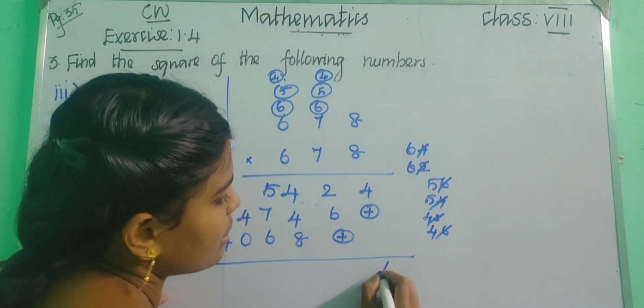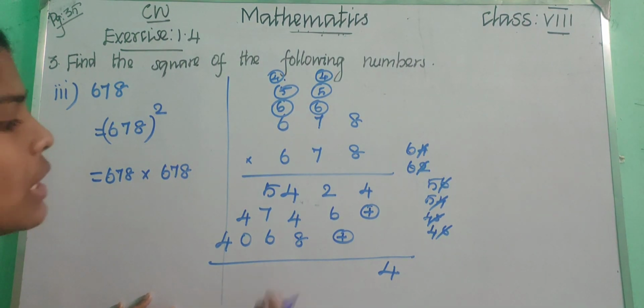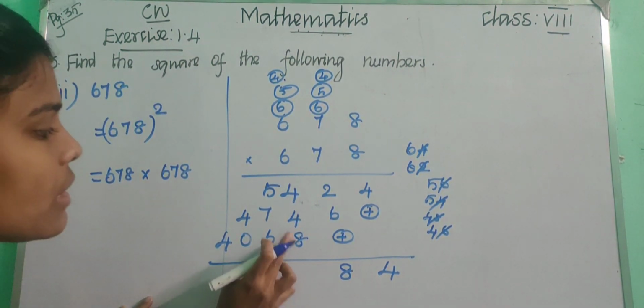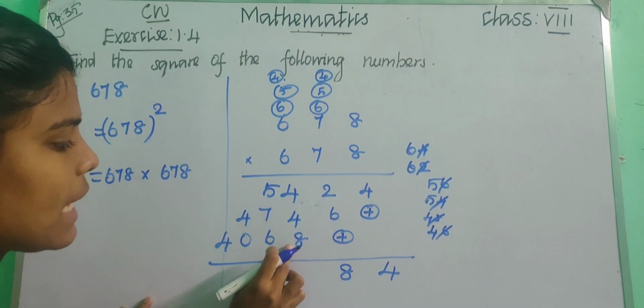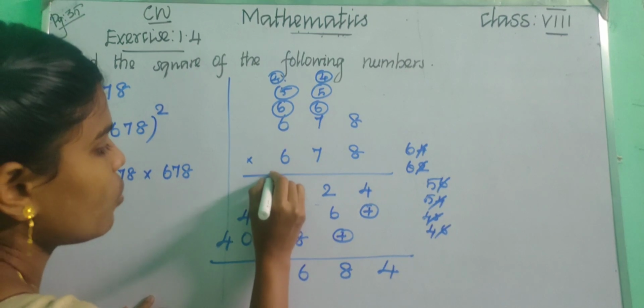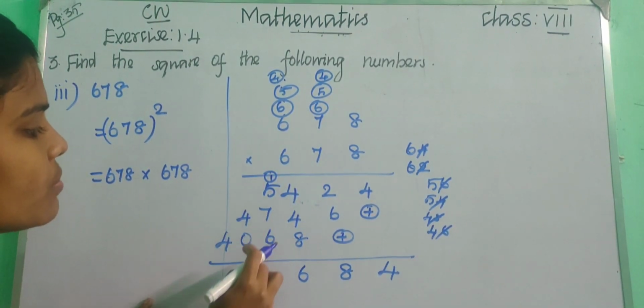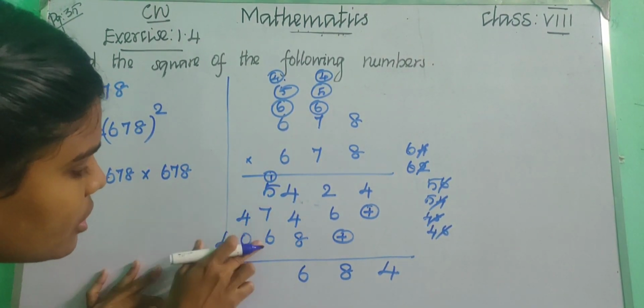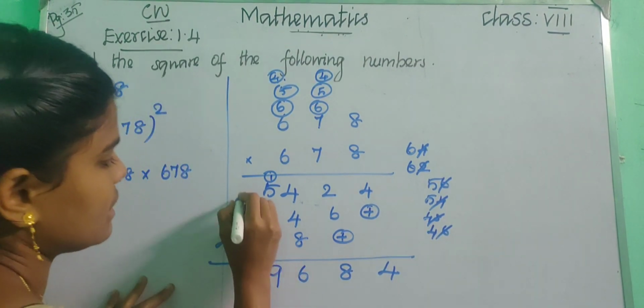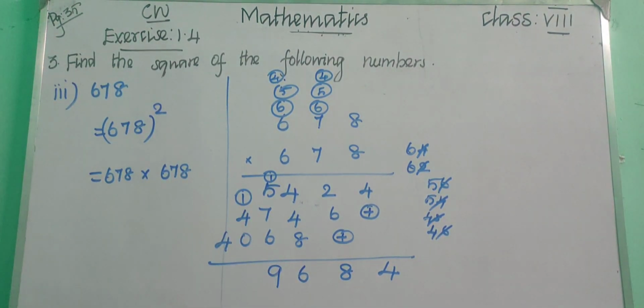Now here we are having 4. 6 plus 2, 8. Now 4 plus 4, 8. 8 plus 8, 16, right? So put 1 in the top. Now 2 sixes are 12, 6 are 18. 18 plus 1, 19. Put 1 here. So 4 plus 1, 5.